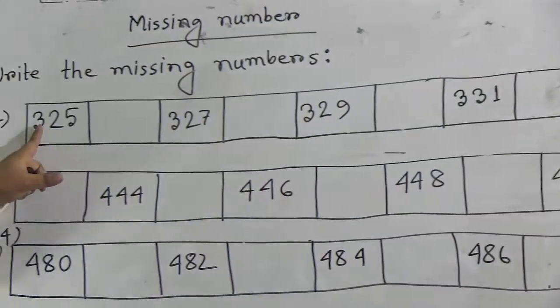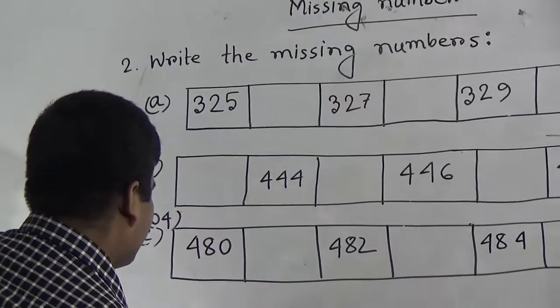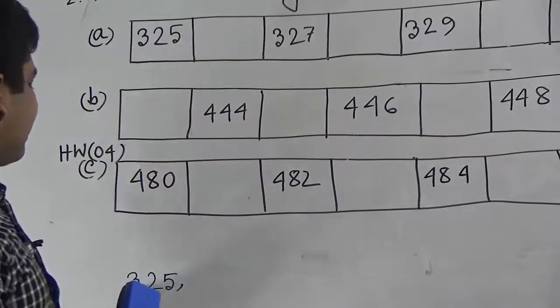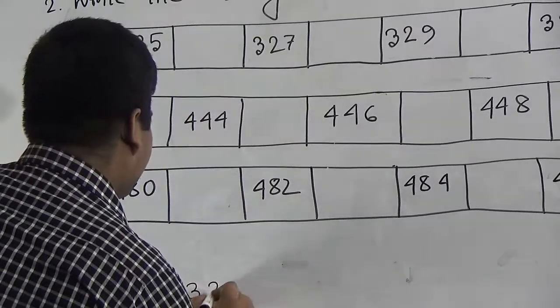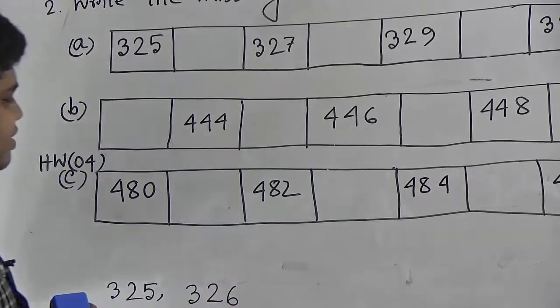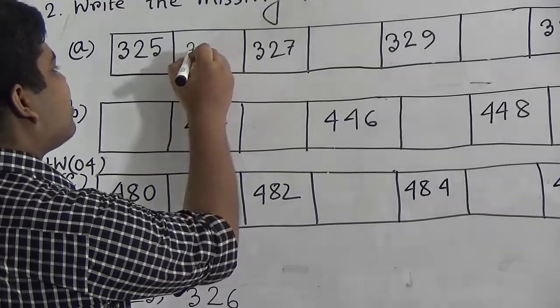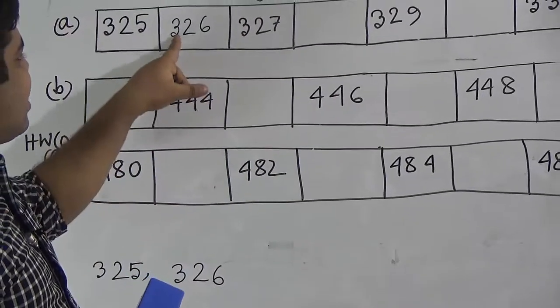So here starting 325, so we write 325. What is the next number of 325? The next number will be 326 and it is absent in the box. So we write 326 here.